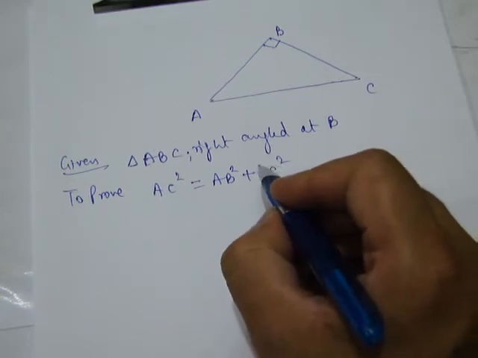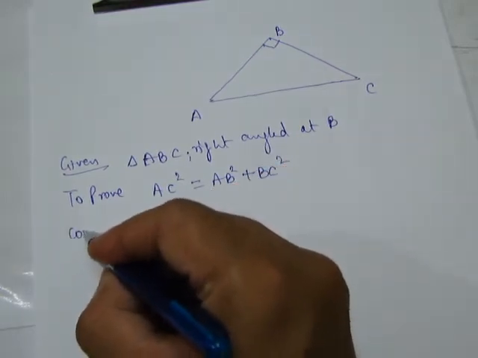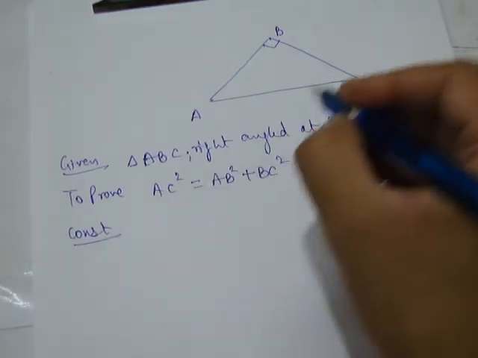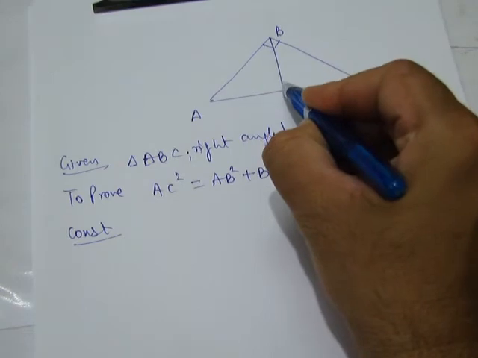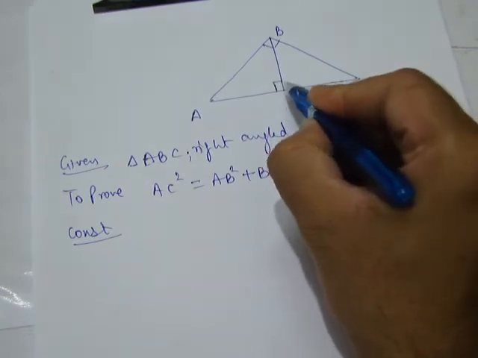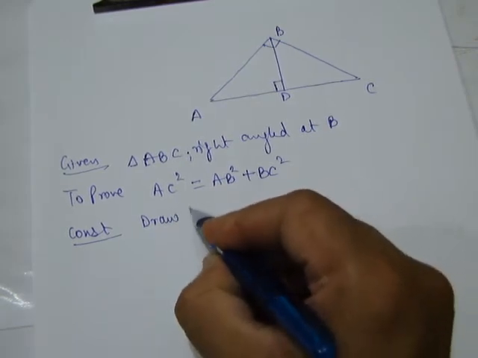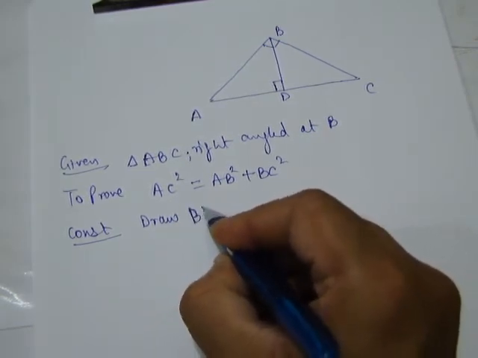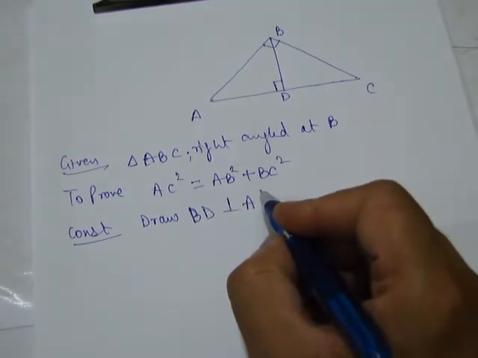Now in order to prove this theorem, we have to do the construction. Construction is, we will draw a perpendicular from B over AC. So let this be the perpendicular. So construction is, draw BD perpendicular to AC.